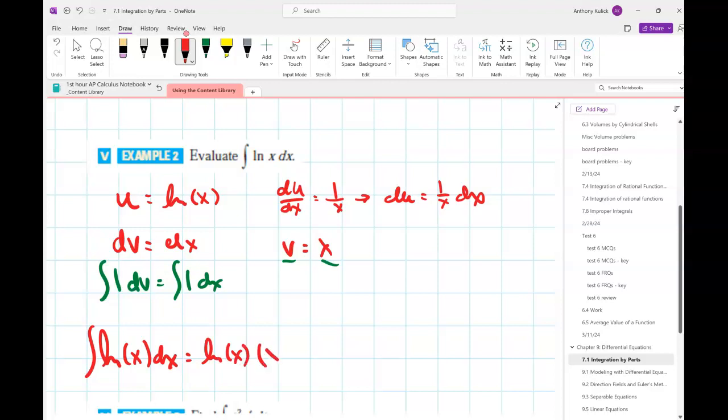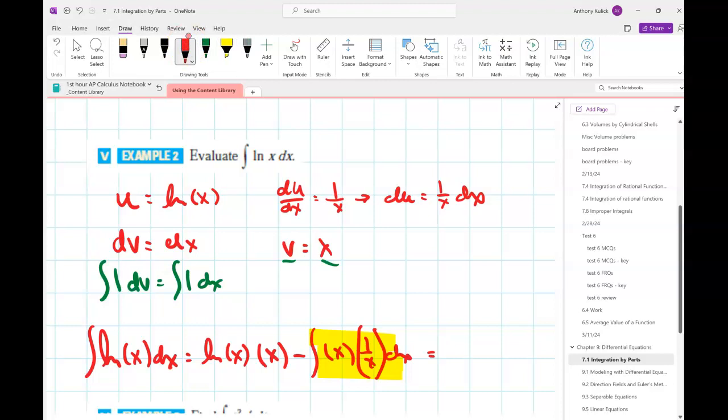So now the formula says I have u times v minus the integral of v du. What do we notice is happening here?